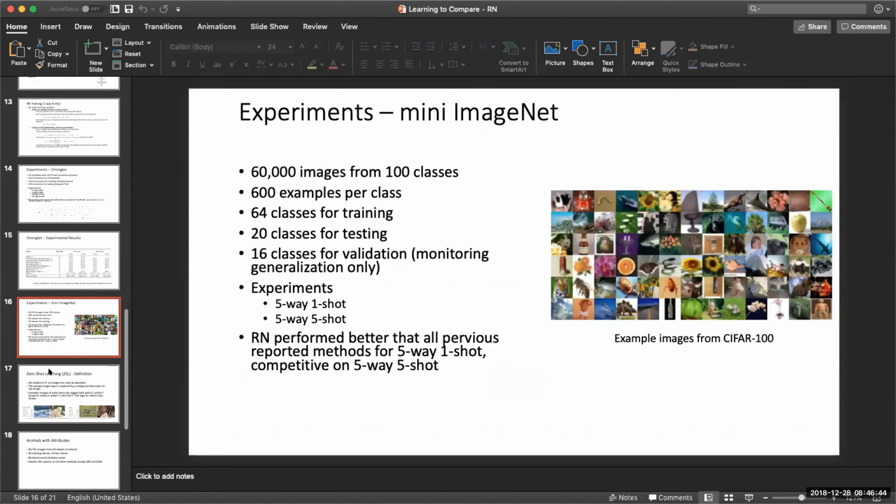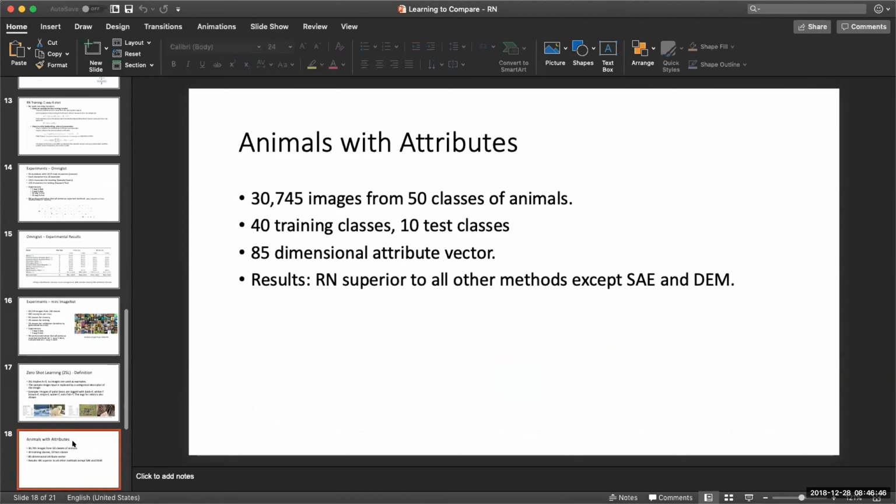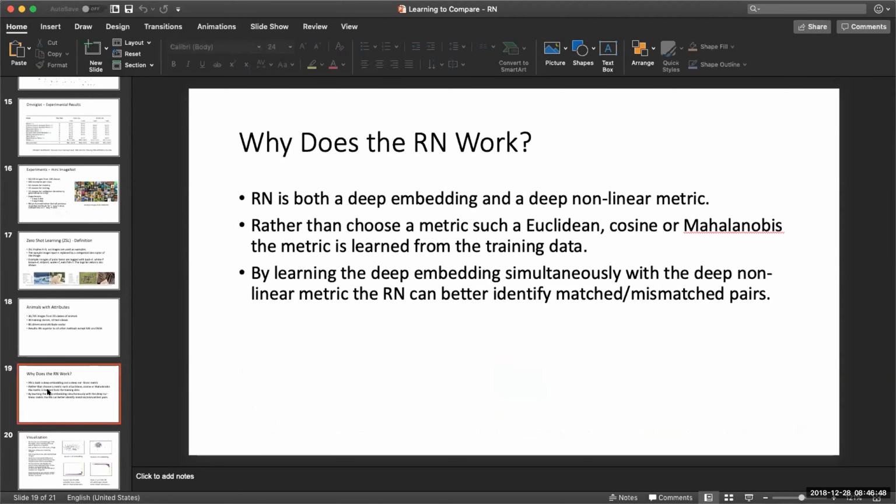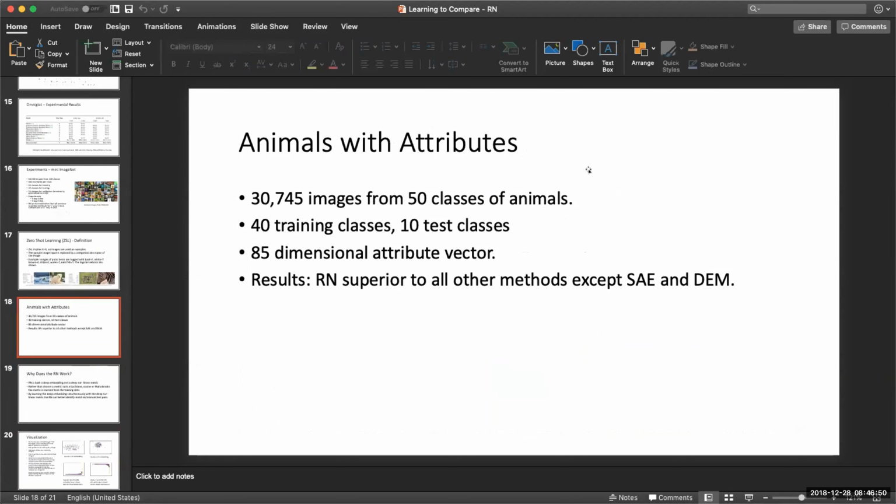So the AWA has 30,745 images from 50 classes of animals. In the experiments it's broken up into 40 training classes and 10 test classes.